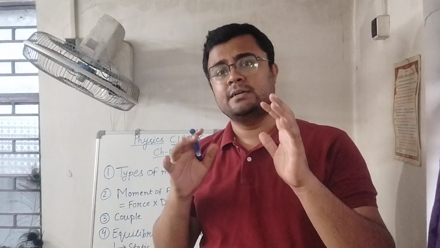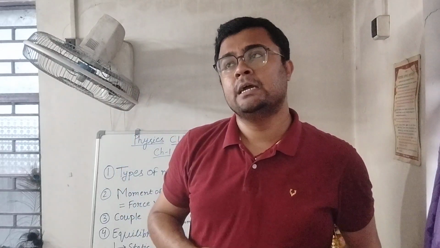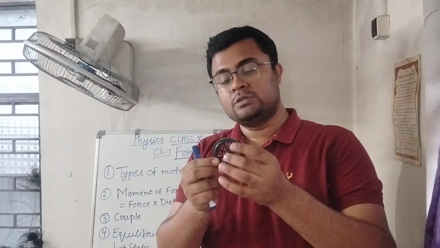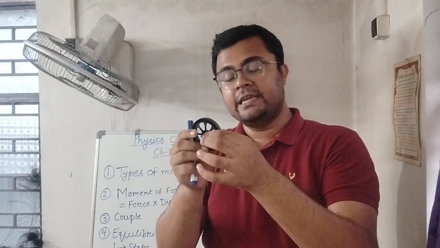Now let us consider any body, any object. Suppose this is a wheel, right? You can see this is the wheel. Now this wheel is fixed at this point. This center point is the point of pivot for the wheel.